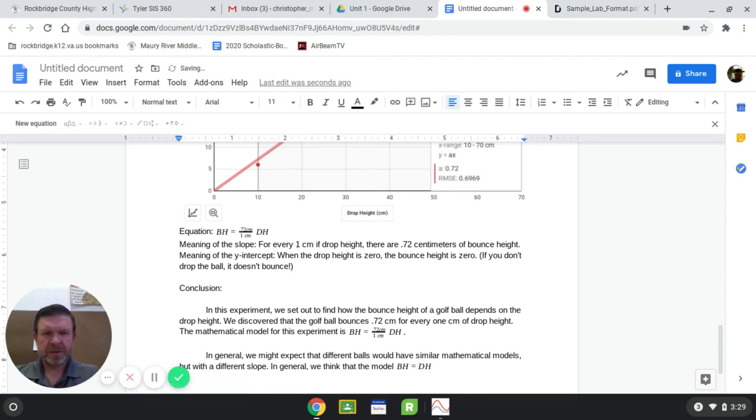And if the number was smaller, it would be a less bouncy ball. So how would you describe that? It's like the bounce factor or the bounciness number, the bounce factor times the drop height. Something like that.